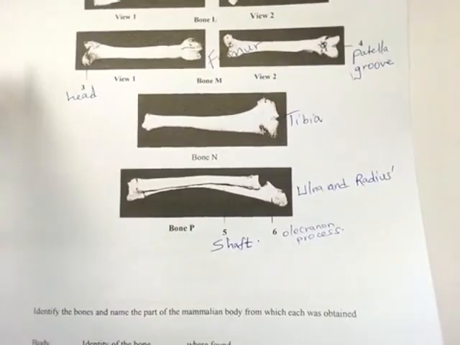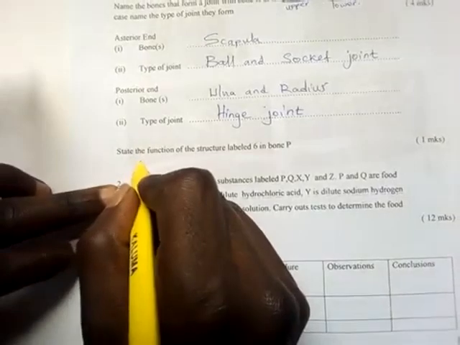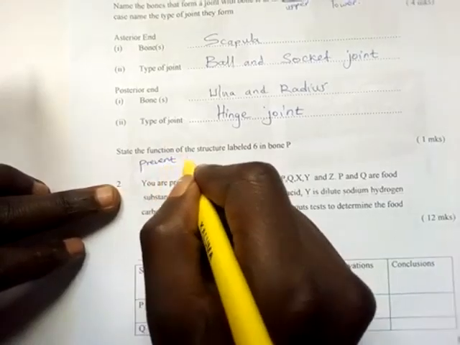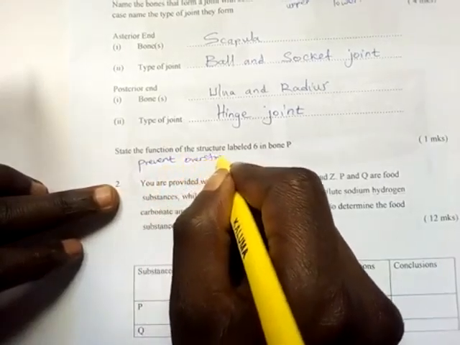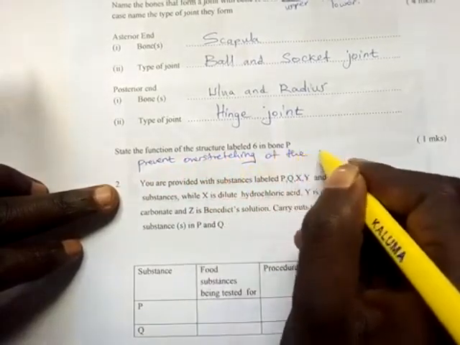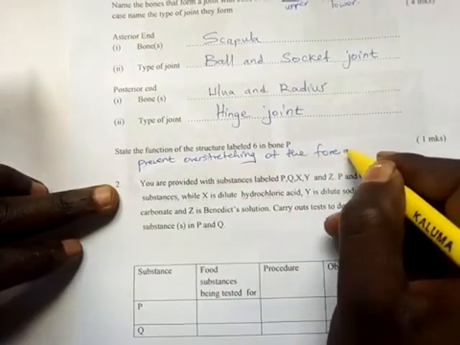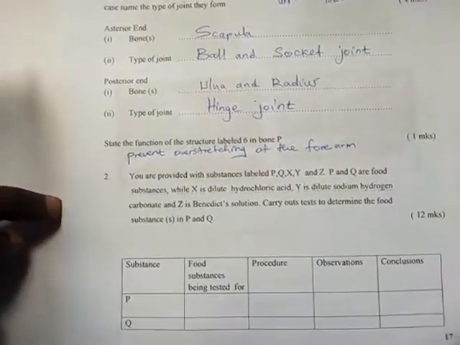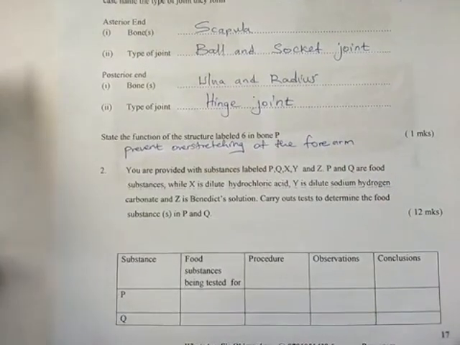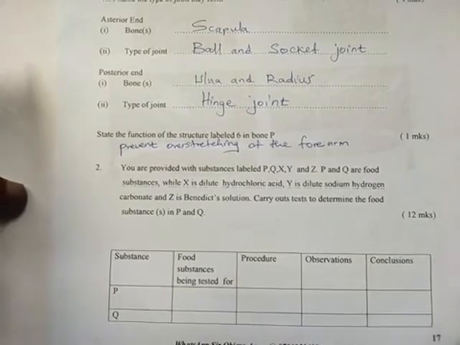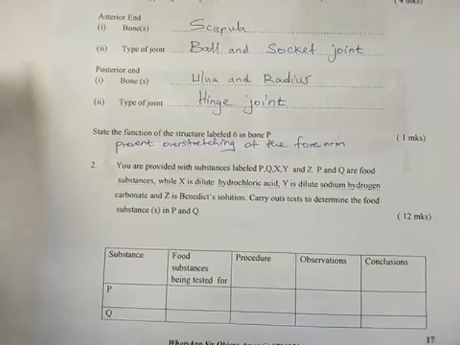The function is to prevent overstretching of the forearm or the forelimb. Also it offers a surface area for muscle attachment. You can write like that. Also, it limits the movement of ulna and radius.